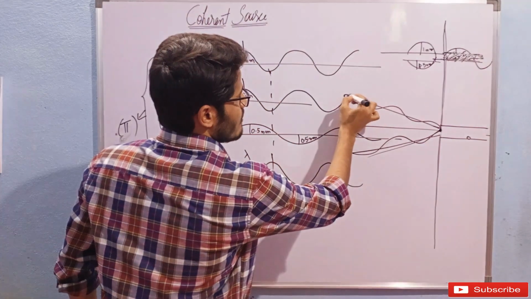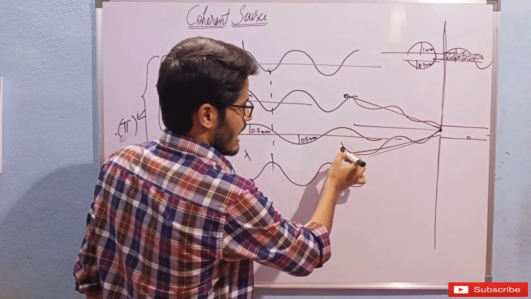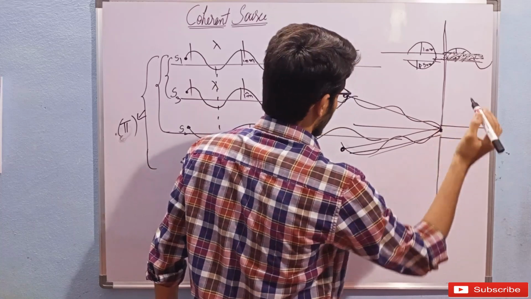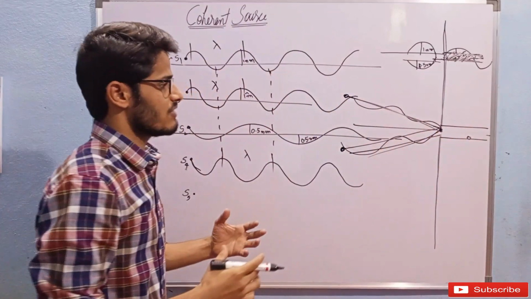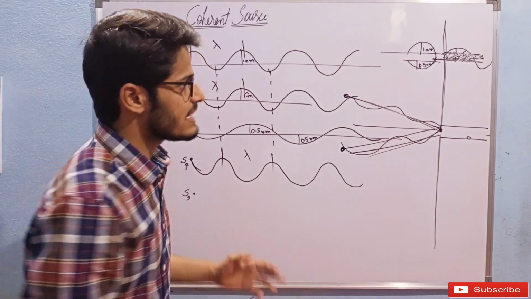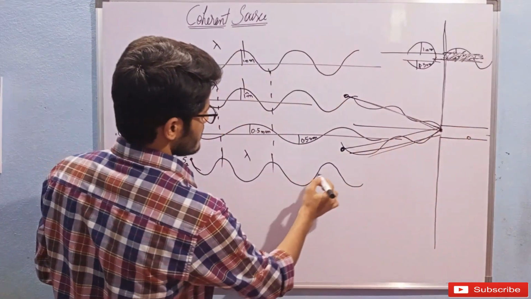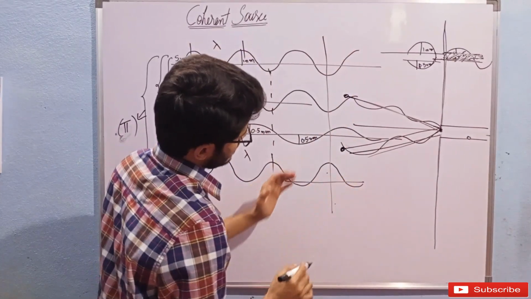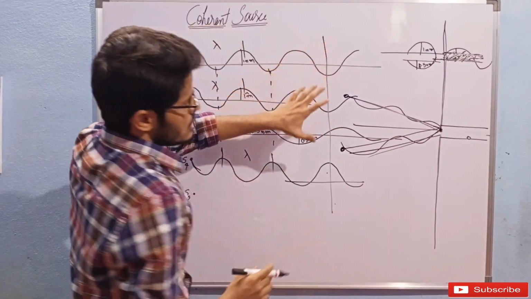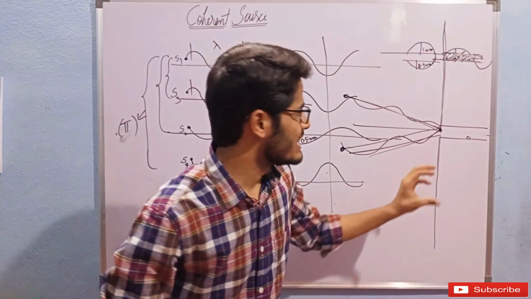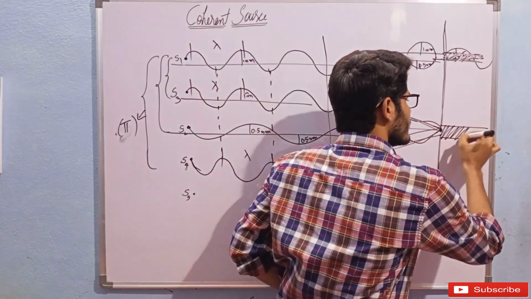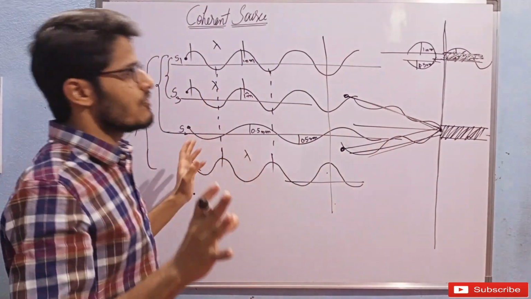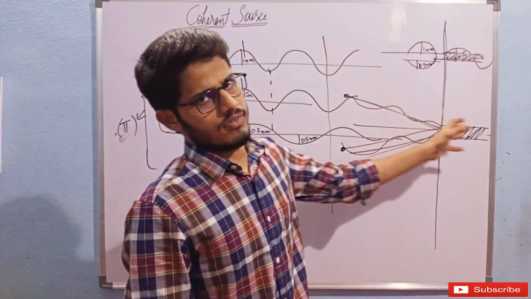At the start they had a phase difference of 180 degrees, and at point O they will still have 180 degrees, because they travel exactly the same distance. In this situation, this ray will be moving upward and this ray moving downward. So when they meet on the final screen at O, they'll give you destructive interference at the center. That is what the difference is. But you will still get the interference pattern.